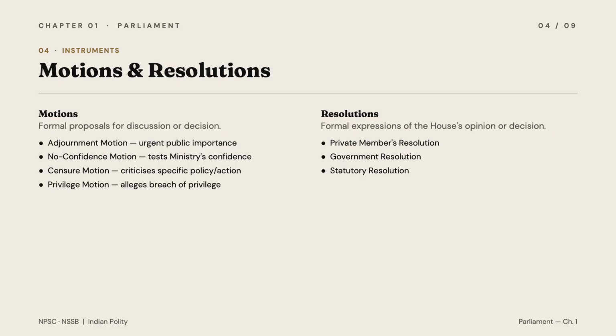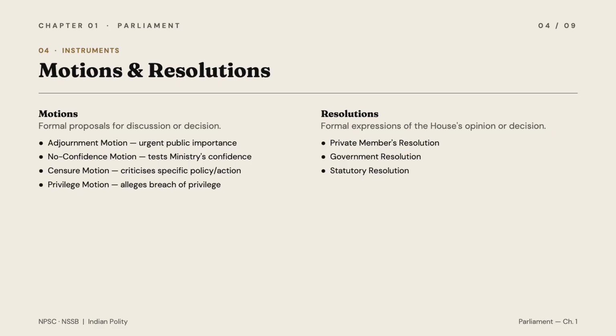Now, motions and resolutions. We talked about adjournment motion, no confidence motion, censure motion, and privilege motion. These are the motions, again, that any member in the parliament can introduce.